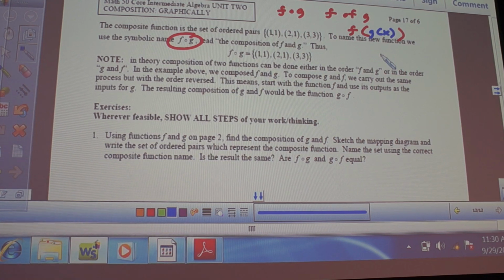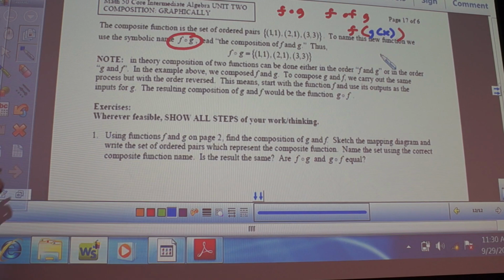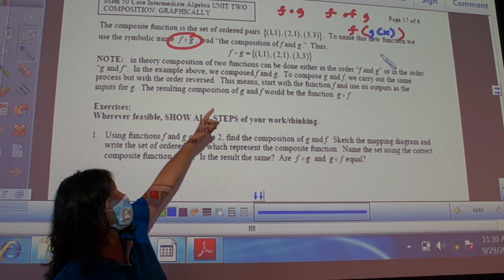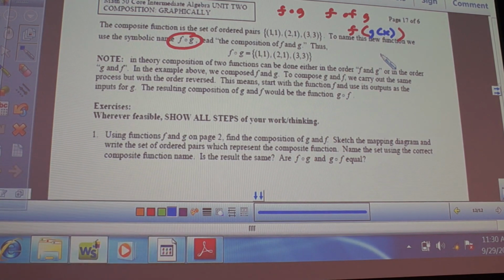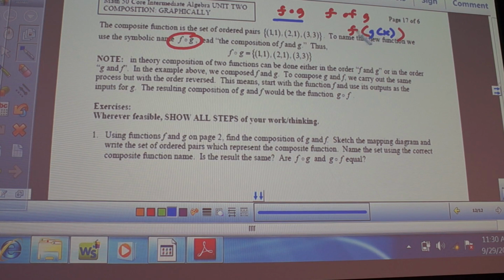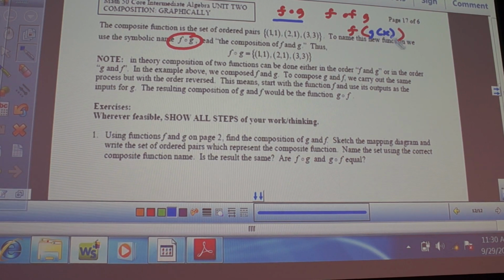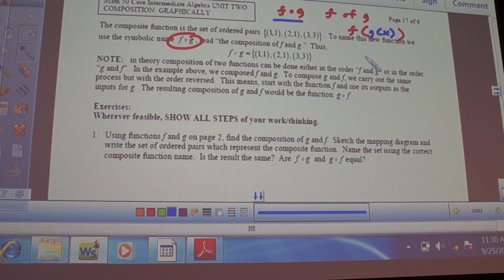So to make your life easy, whenever you see that little f of g, immediately write it as f of g of x. It will save you a whole bunch of nightmare. It'll just make life a lot less confusing as you're doing all your homeworks and exam stuff.